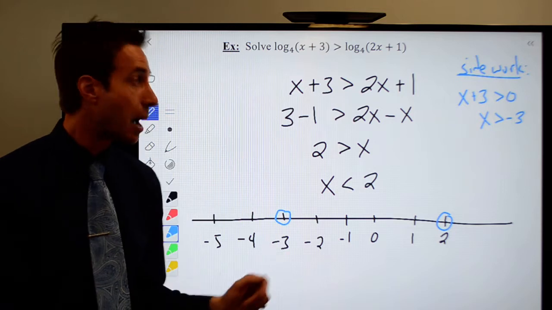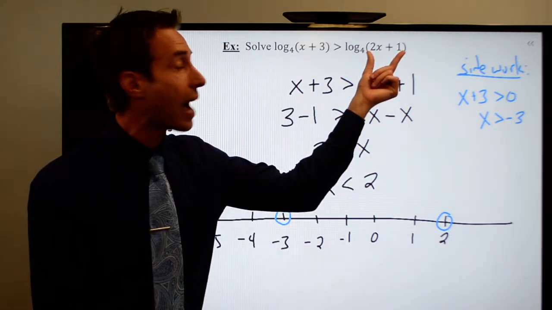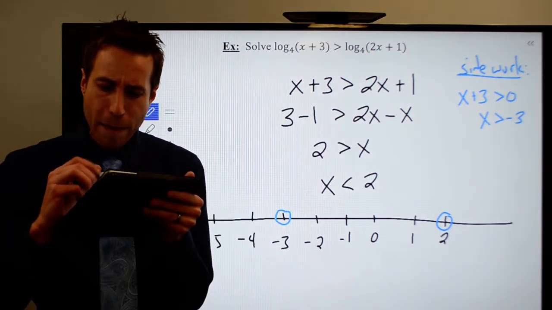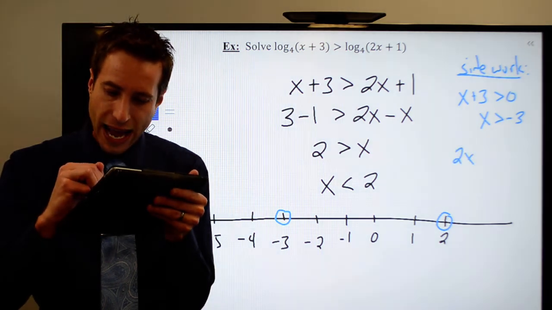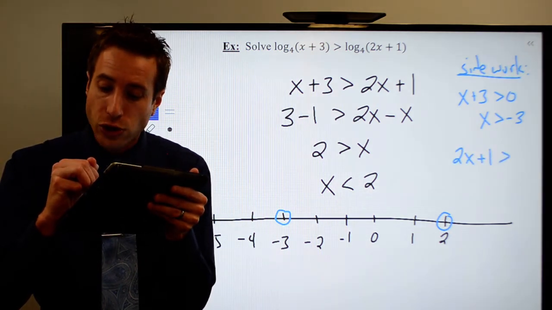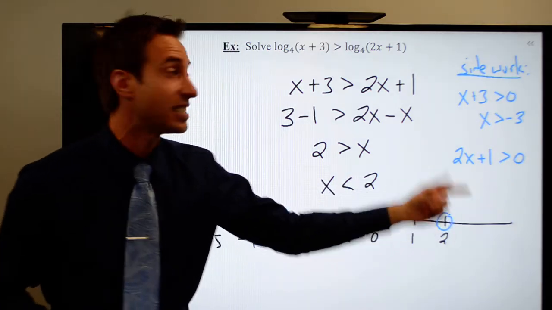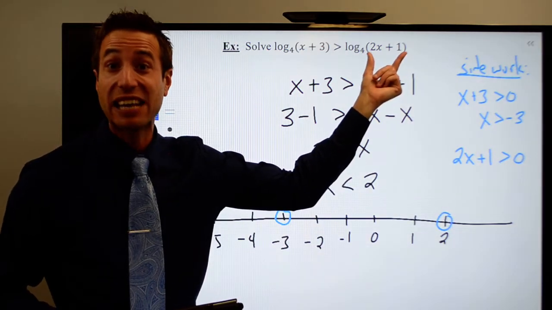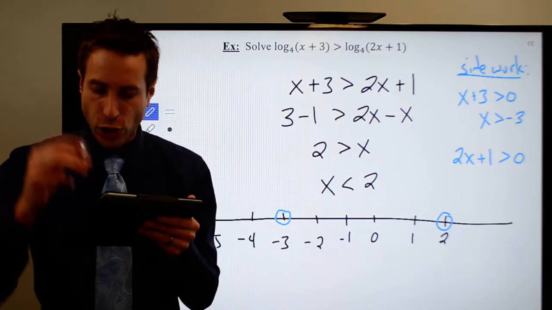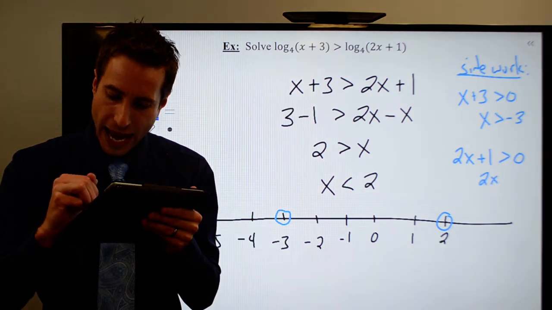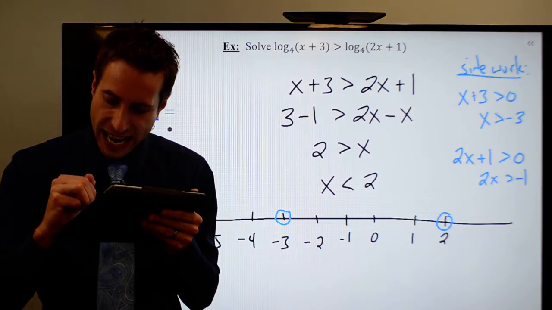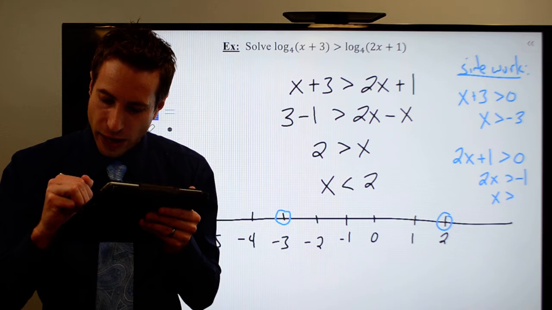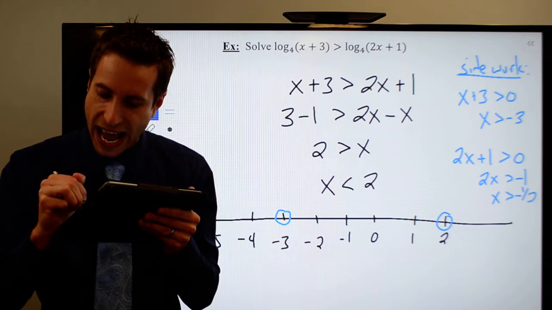Okay, negative 3. But that's not the only one. I also have this one. So a little bit more side work. 2x plus 1 also needs to be greater than 0. I don't want 0 or a negative here either. So we solve for x. 2x greater than negative 1. x needs to be greater than negative 1/2.